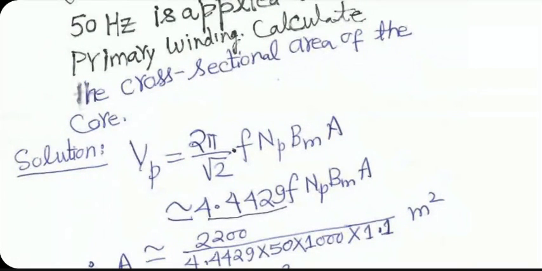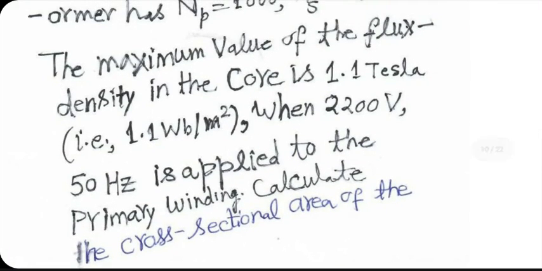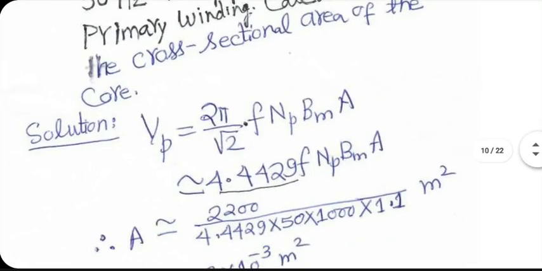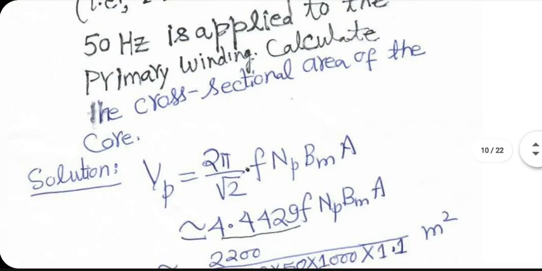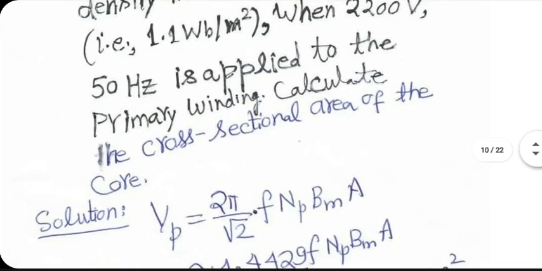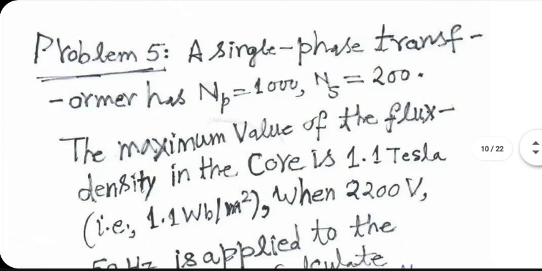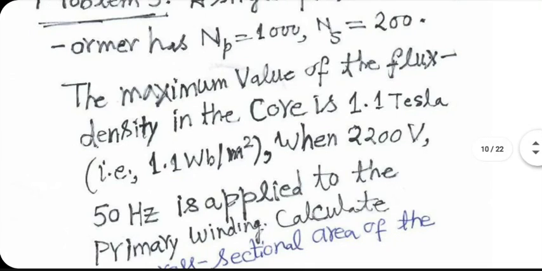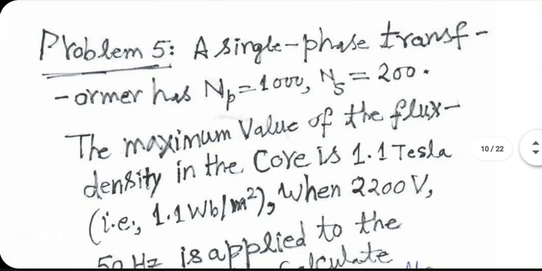Now in this equation, you plug in all the values. VP is 2200 volt, which is given to you. Frequency is also given as 50 hertz. Number of turns in the primary, given as 1000.